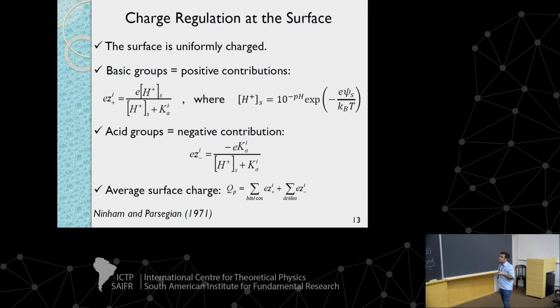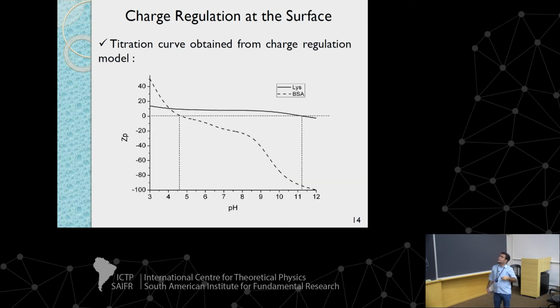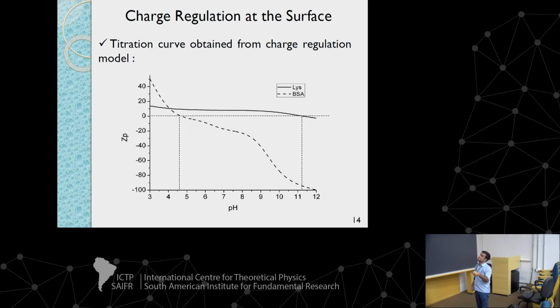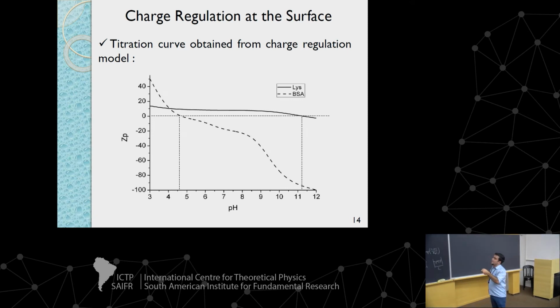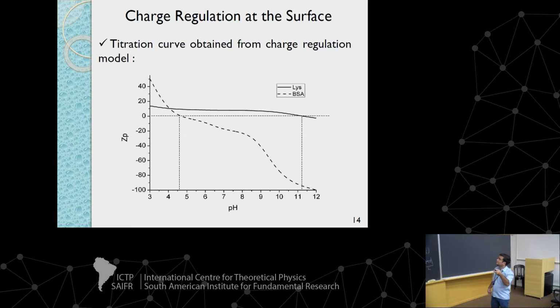Okay, so when we are using this, we follow the proposition by Ninham and Parsegian. And by doing this, we can calculate, as Fernando showed yesterday, the titration curves of different proteins. So this would be the lysozyme titration curve, and this is BSA. We here are not considering, for example, neighborhood effects, as Fernando showed yesterday.